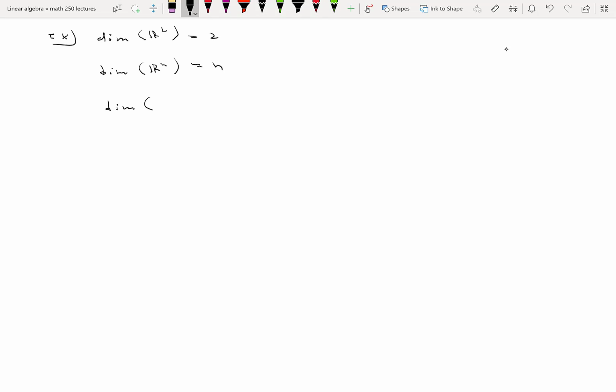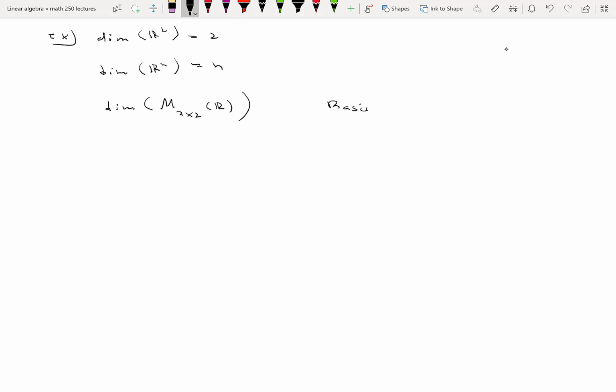Let's get a little more involved. The vector space of the set of all 2x2 matrices with real entries. What's the dimension? Well, if you think back to the last section, that's got to be 4. Remember, we have a basis.